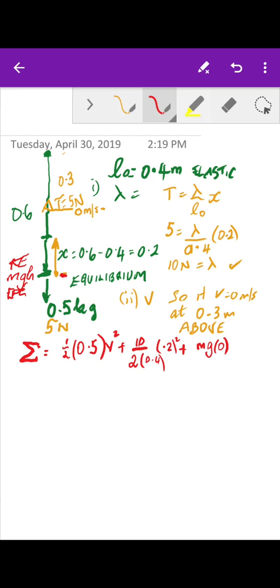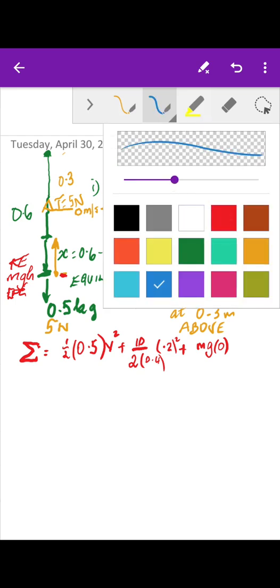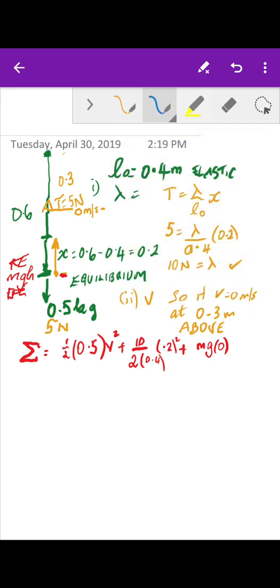Okay, so that's our energy at the bottom. Now let's have a look at our energy at the top. Let's change the color. Let's have a look at the energy at this point here. So the sum of, now our kinetic energy is 0 because it's half m 0 squared. Our elastic potential energy is 0 because there's no stretch anymore.